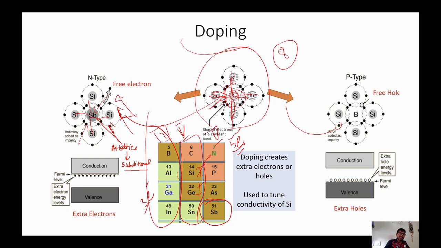Boron has 3 electrons in its valency shell, so 3 of the electrons will be shared with 3 other silicon atoms, but there is no electron left for the 4th silicon atom to share. So only one electron from the silicon will be shared, and there will be a hole.